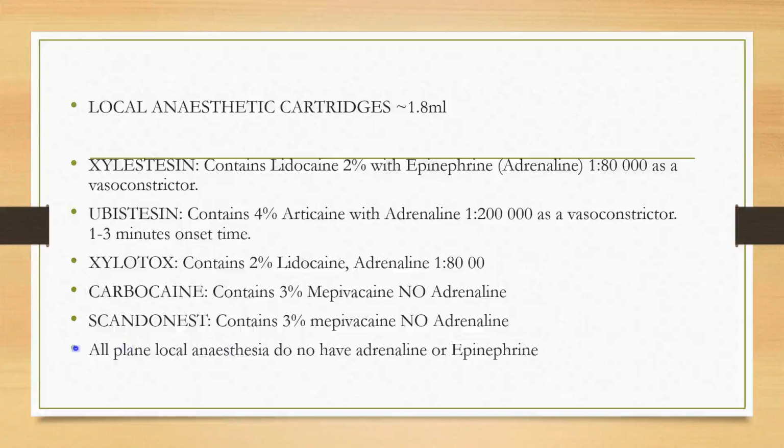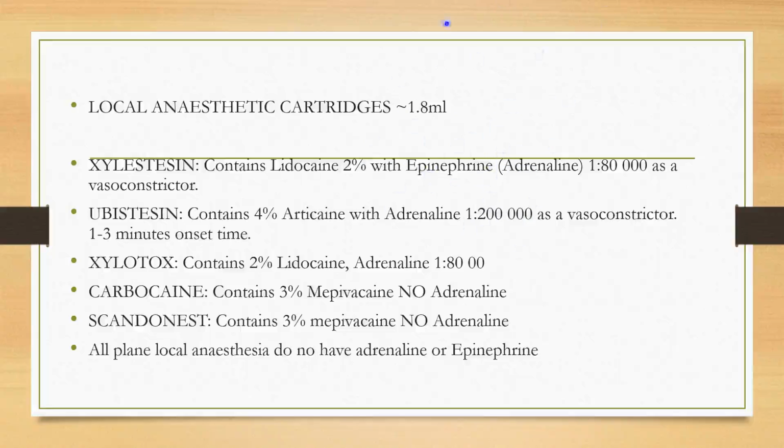These are different brand names. So they have different constituents. The common one that I've said is lidocaine that we use. So most of the anesthetics have lidocaine 2% and also have epinephrine. Epinephrine can also be called adrenaline.